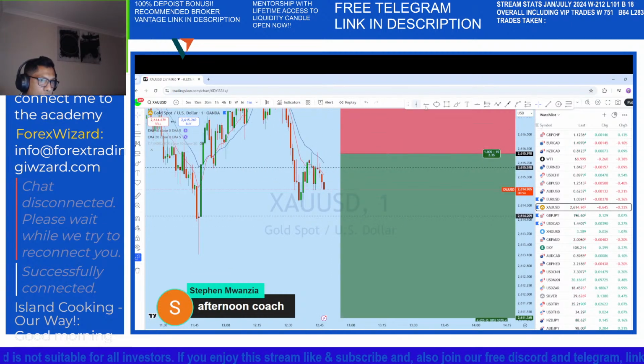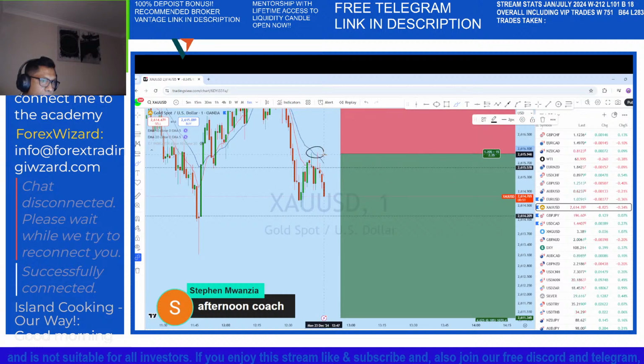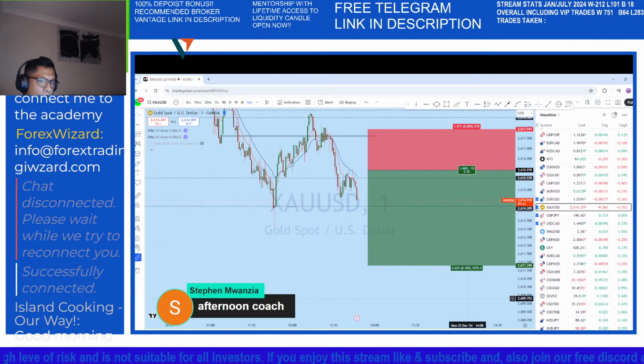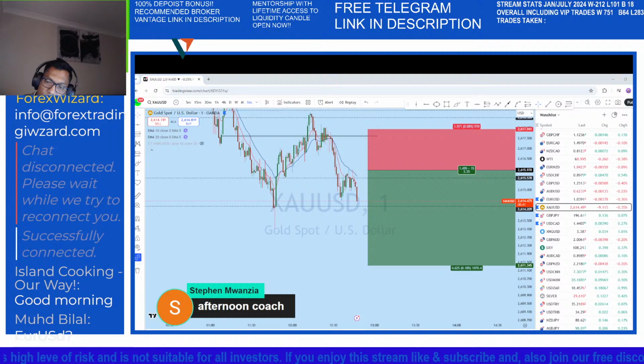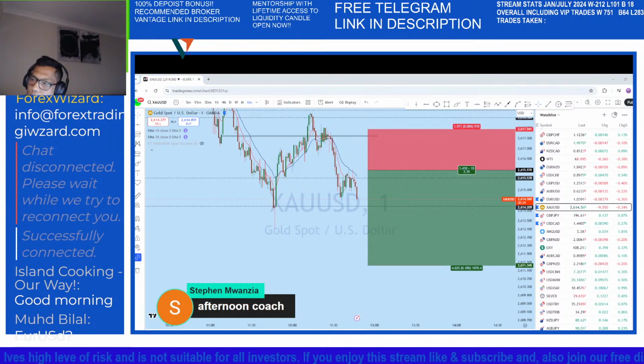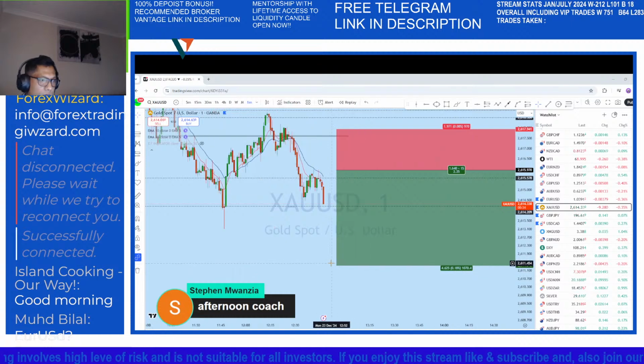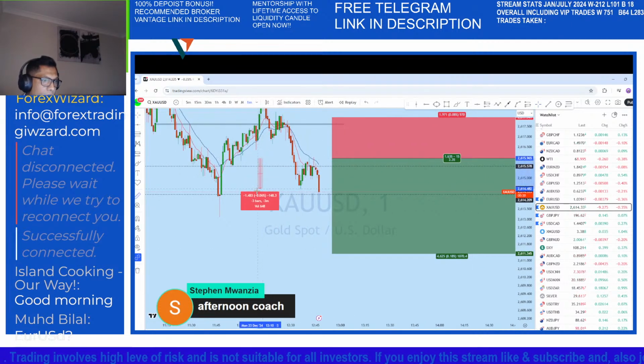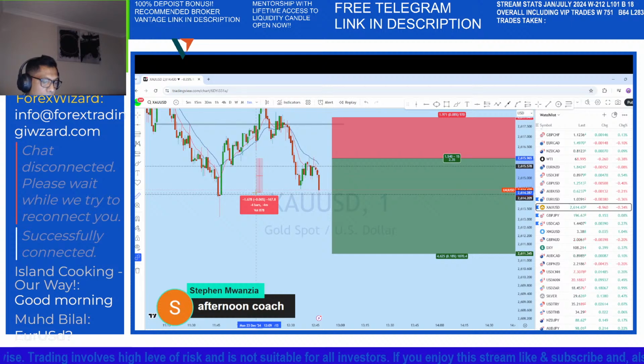You can see that back to back two dojis here, expecting for the market to come down. The market is trending in the direction that we expected. Okay, so we are quite a few pip up here, 118 pip up.